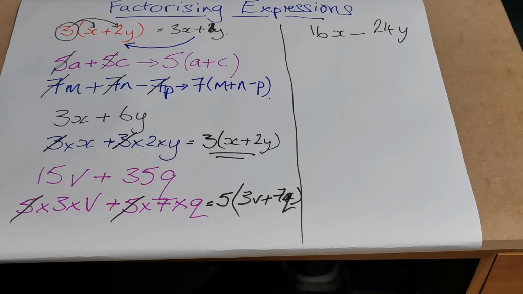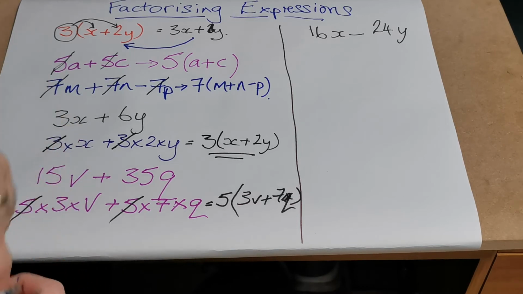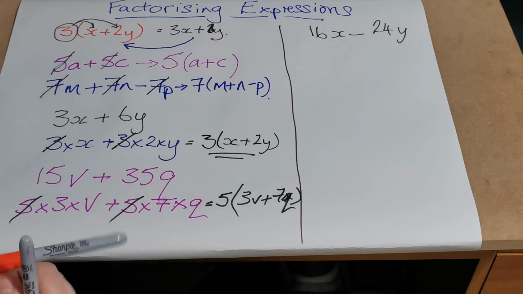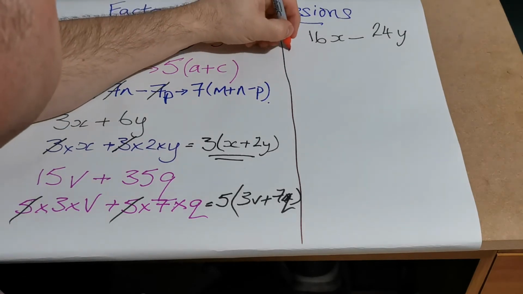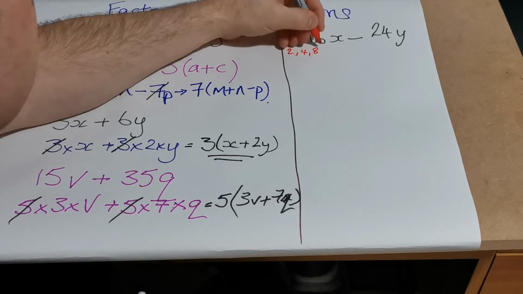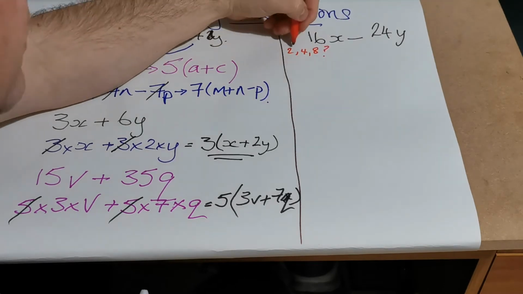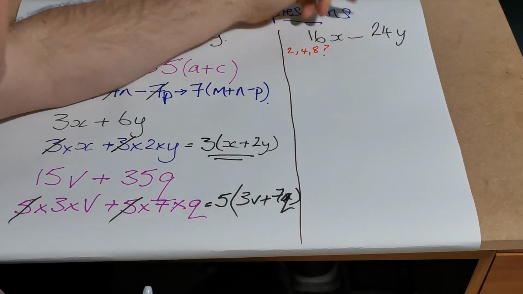But somebody else might have said they're in the 4 times table, so I can do 4 times 4 times x and 4 times 6 times y. But somebody else might have said, yes, but they're actually in the 8 times table as well. So the question is 2, 4 or 8. Well, they are all common factors of 16 and 24.